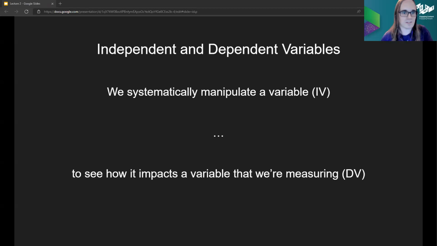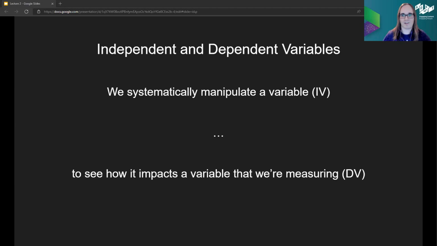So I want to take a moment to quickly explain dependent and independent variables. This is the idea that when you have an experiment, one of your variables is the thing that you control and the other variable is the thing that you are measuring. In an experiment, we systematically manipulate one variable, and that variable is called our independent variable.